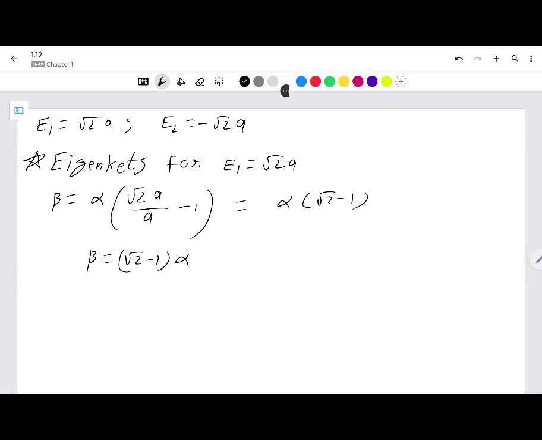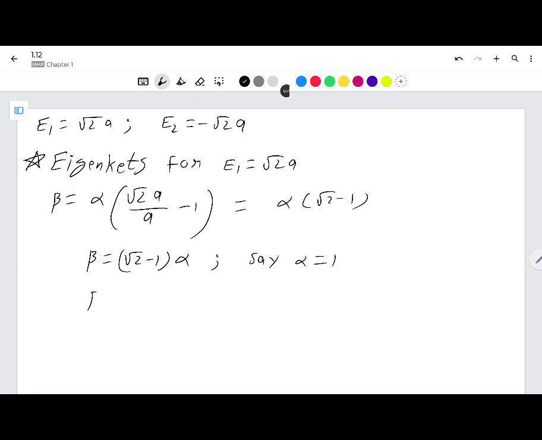So we can always make a choice now that we can freely choose alpha and fix beta, or we can choose beta randomly and fix alpha, whatever is easy. So for simplicity we can choose, say, alpha equals 1.